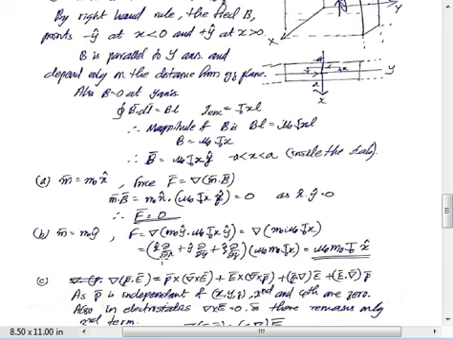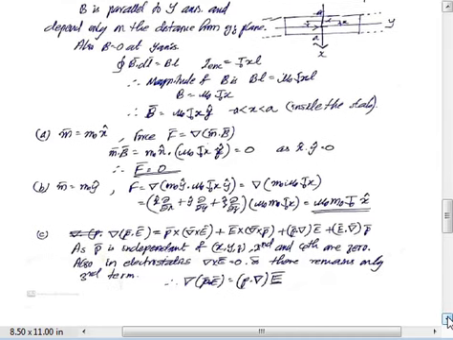The first term will be mu0 m0 j0 x cap, and the second and third terms will be 0 because there are no y or z dependence. Therefore the force acting on the second dipole will be mu0 m0 j0 x cap.